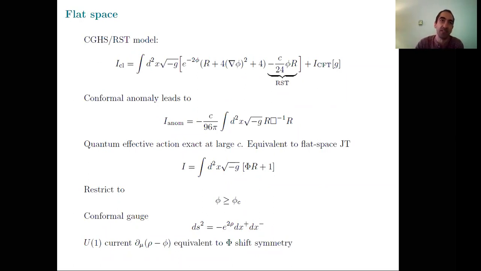But I'll mention it now since you brought it up. I'll comment on another reason why people wanted to enforce this inequality in a moment. Okay, this is the model that we're going to consider.